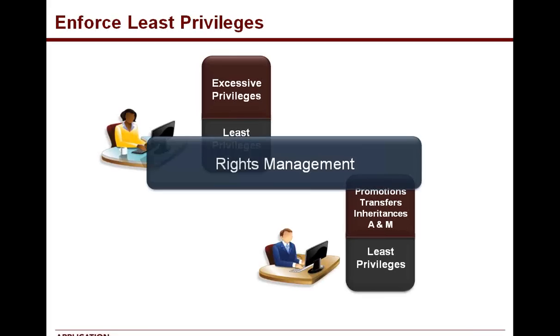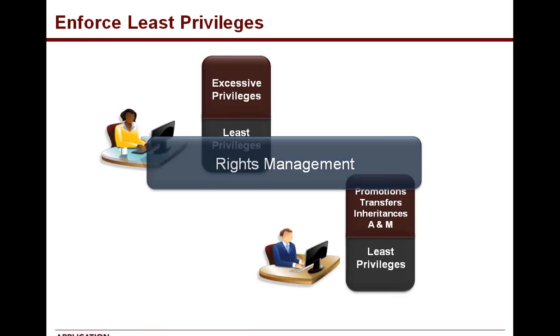So we offer a rights management solution, and what our rights management solution does is identifies all users, what databases they have access to, and what they can do in those databases. One of the things that we provide is what we call an admin likeness score. So we can identify users who have privileges that are very much like an administrator.